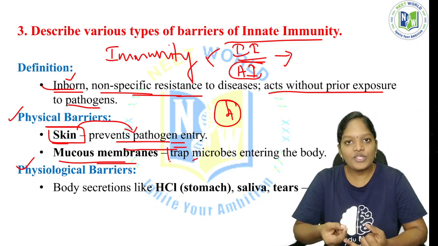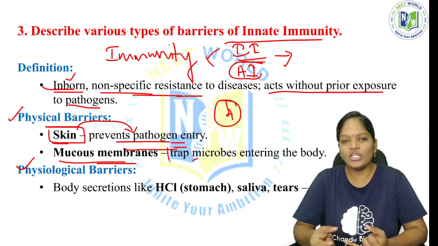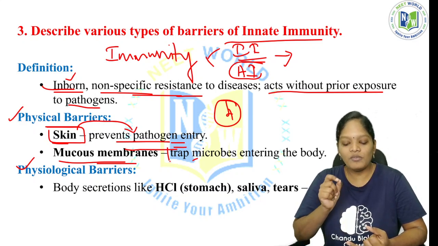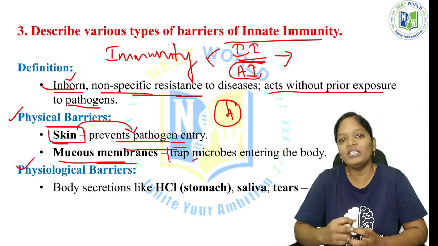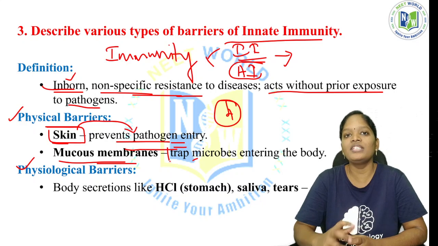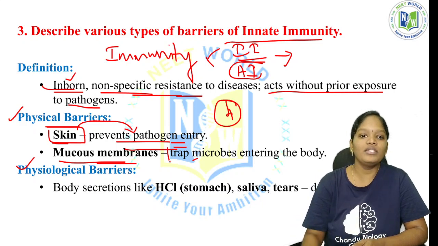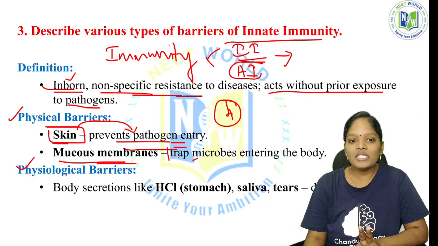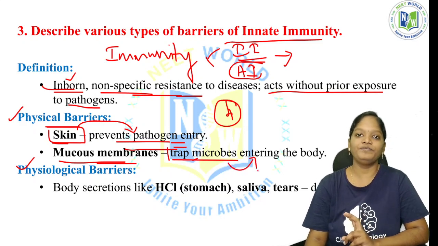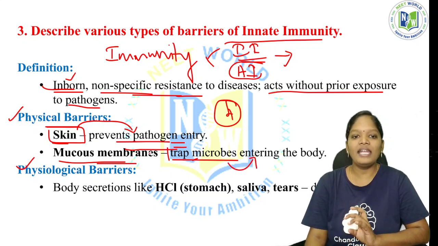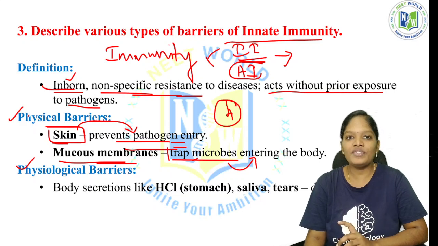The texture of the mucus is sticky. Once a microorganism touches the mucous membrane, it traps the microorganism so that it can't escape. So the mucous membrane traps the microorganisms entering the body. The skin and the mucous membrane come under the physical barrier.